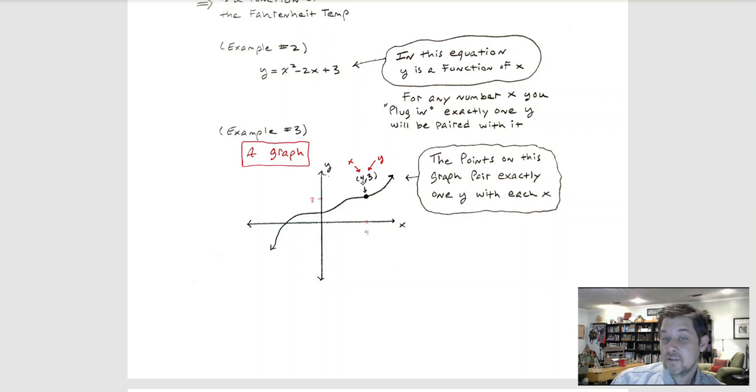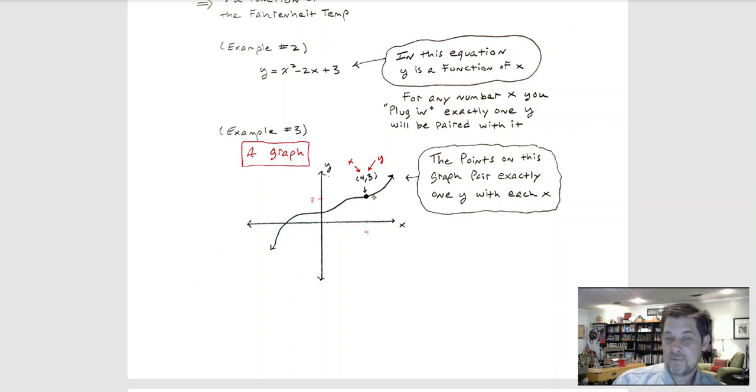Well, that first number is the x value, and that second number is the y value that gets paired with it. So in this particular graph right here, there are all these points on it, more points than I have deliberately marked, but in every single point, there is an x and a y, and on this graph, it's such that every x gets paired with exactly one y.